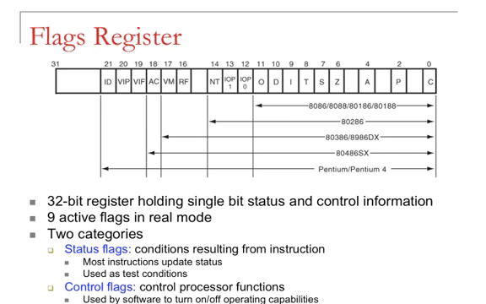As we see in this diagram, we listed all these status and control bits, and we explain some of them. We also show which bits are available for different Intel processors. You can see that as Intel goes to newer processors, it uses more bits from this register because there is more information to remember.